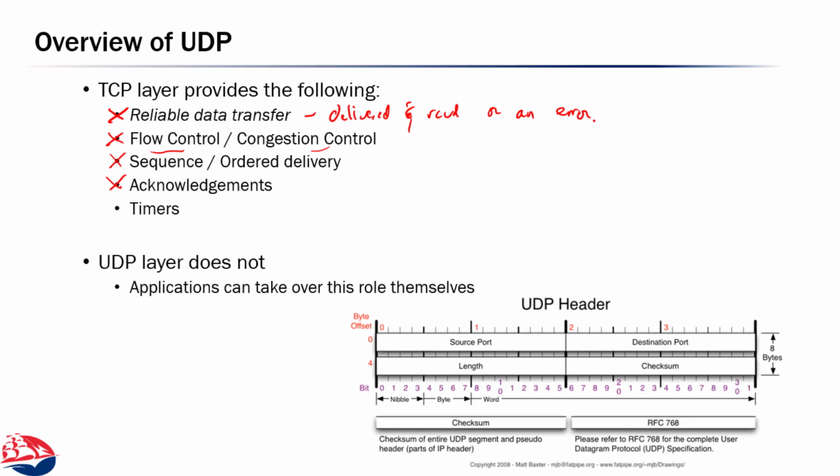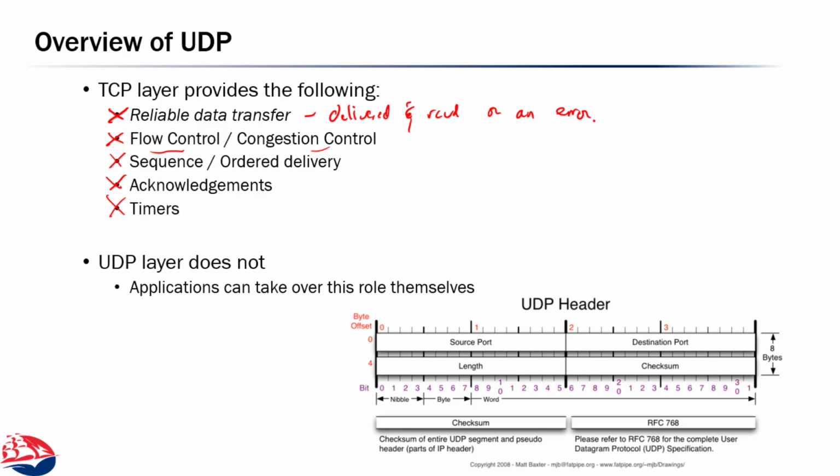TCP uses acknowledgement messages to let us know that the data got there. That's part of how it implements reliable data transfer. There are timers that wait to find out how long it is since I've sent the message until I've gotten the acknowledgement, and if the timer expires, then we just assume that the data didn't get there.